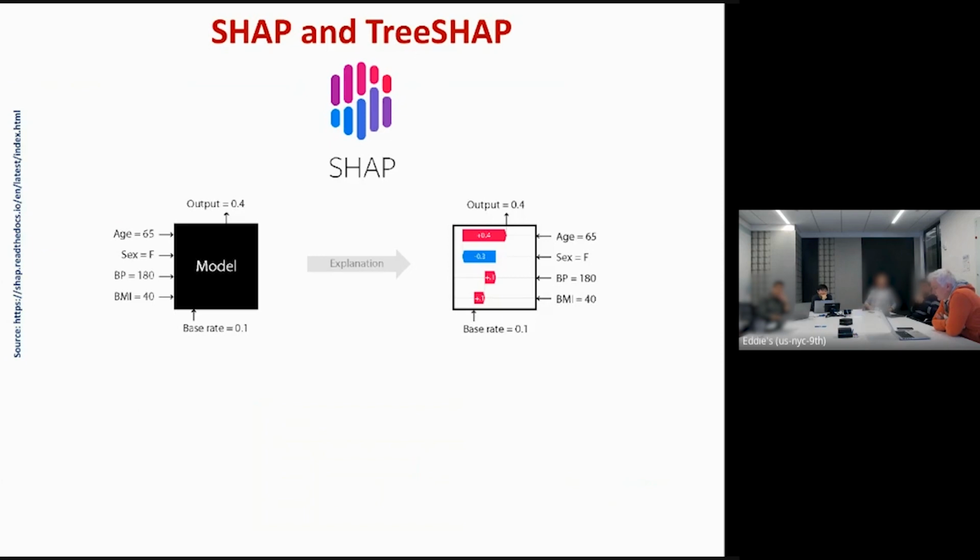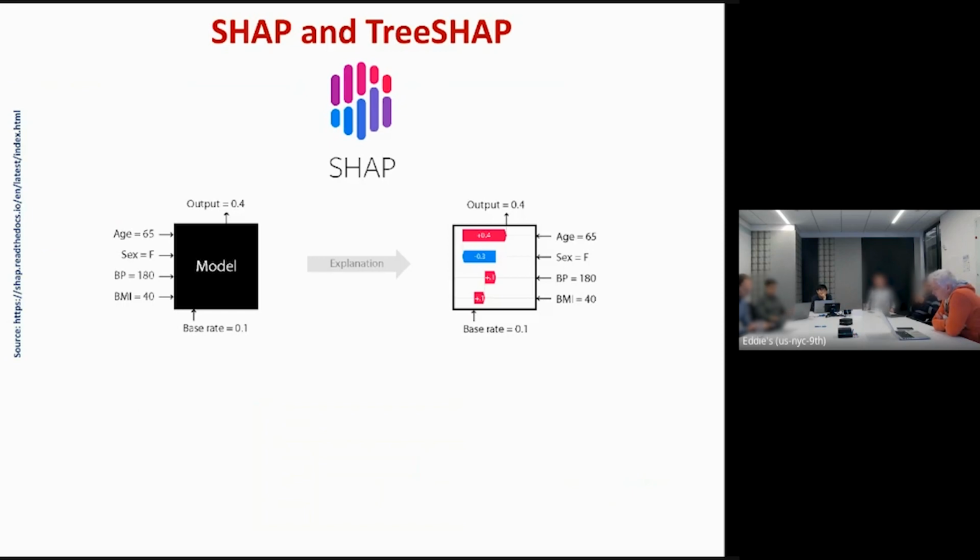You can see here an example. You could have a black box model that takes in some features like age, sex, BMI or BP, and outputs some prediction like 0.4.